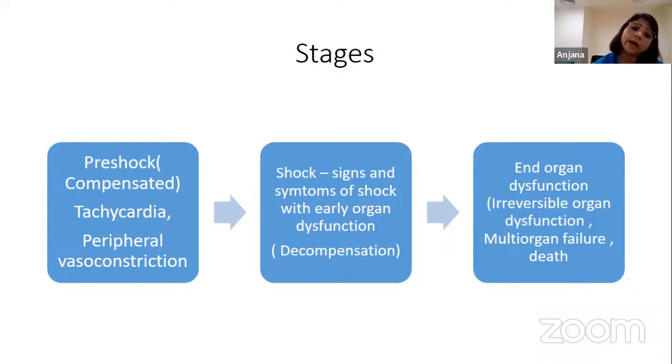Now, if you don't act at that point, within a very short time the patient will go into frank shock, where you will see hypotension and early organ dysfunction, where the patient decompensates. That's called decompensation. We'll see hypotension, altered sensorium, urine decreasing, lactates going up. Now, if you don't act at this stage, the patient will go into end organ dysfunction, which is irreversible, where the patient will go into multi-organ failure and all the vital organs will start getting affected. So our action at an early stage of shock is essential and important.